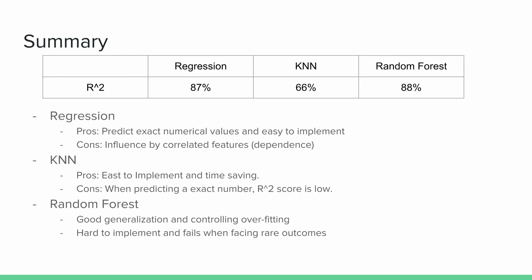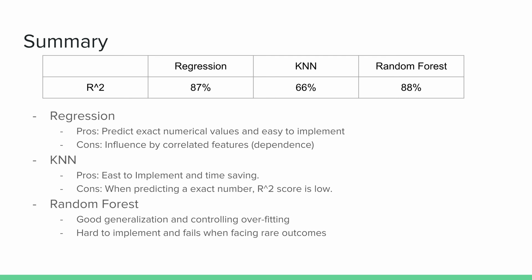And here's a summary of the 3 models and their R-squared scores. The regression got 87%, the KNN got 66%, and the random forest got 88%. Here are the pros and cons for the 3 models. Regression predicts exact numerical values and is easy to implement, but is quite influenced by correlated features.